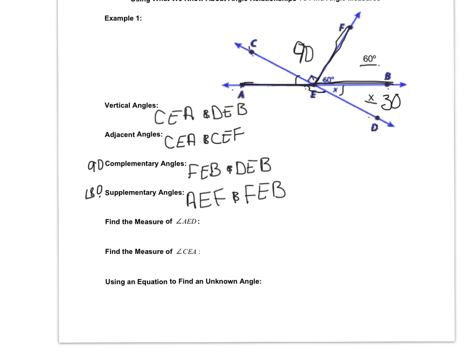If this is 30 degrees, then the whole thing has to be 180. So angle AED has to be the difference of 180 and 30, which tells me that angle AED has a measure of 150 degrees.